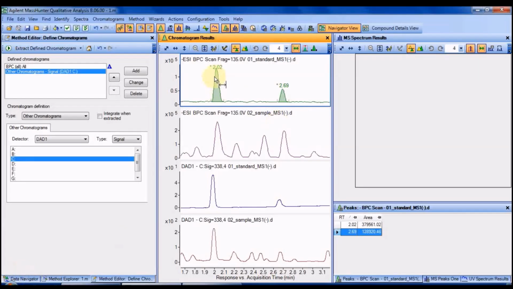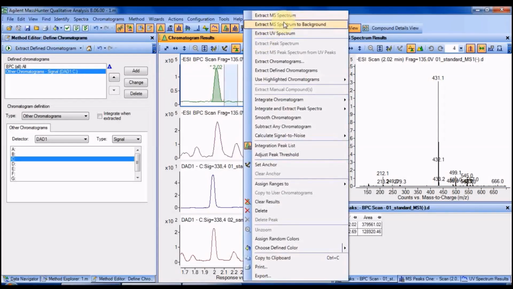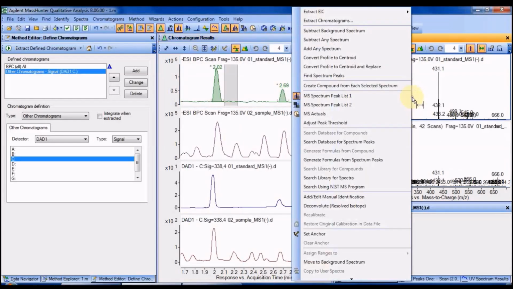We extract the first order mass spectra of both analytes. Of course, we subtract the background.